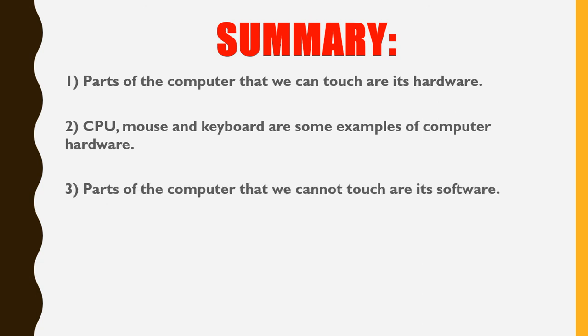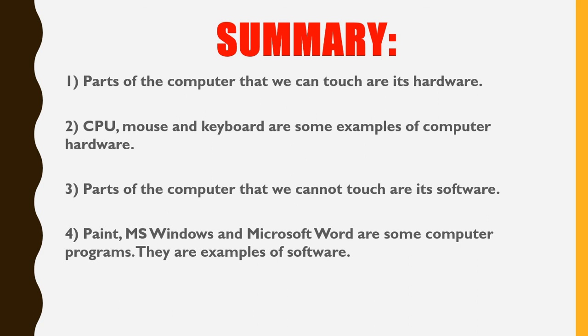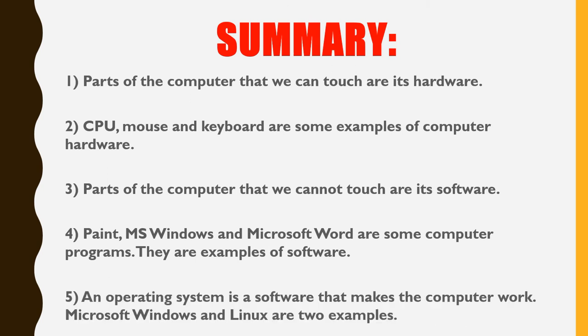Parts of the computer that we cannot touch are its software. Paint, MS Windows and Microsoft Word are some computer programs. They are examples of software. An operating system is a software that makes the computer work. Microsoft Windows and Linux are two examples.